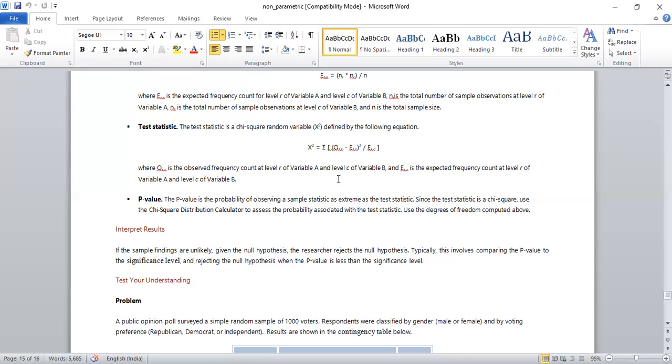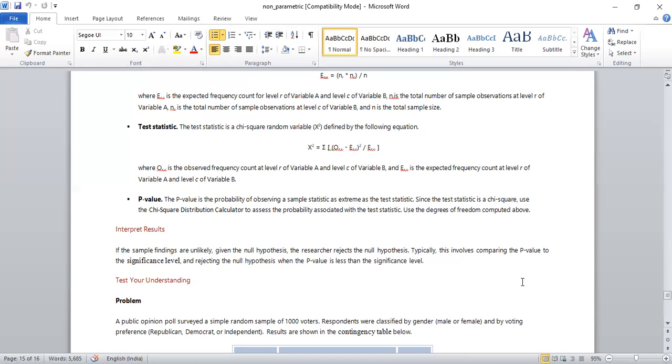The p-value is the probability of observing a sample statistic as extreme as the test statistic. Since the test statistic is a chi-square, we use the chi-square distribution calculator to assess the probability associated with the test statistic. So you use the degrees of freedom computed above. Now interpret the results.